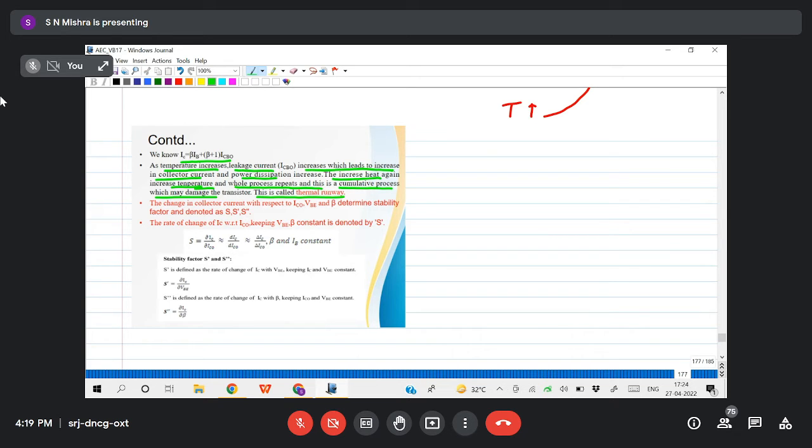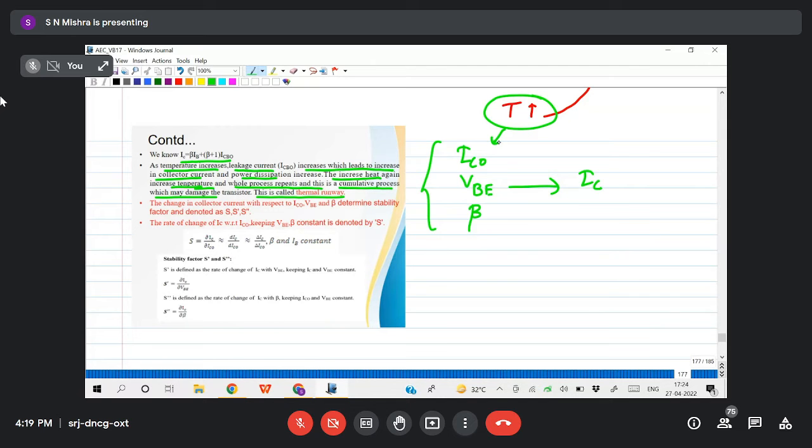Now we have understood three parameters, ICO, VBE, and beta, which are affecting my collector current, and these are due to a change in temperature.